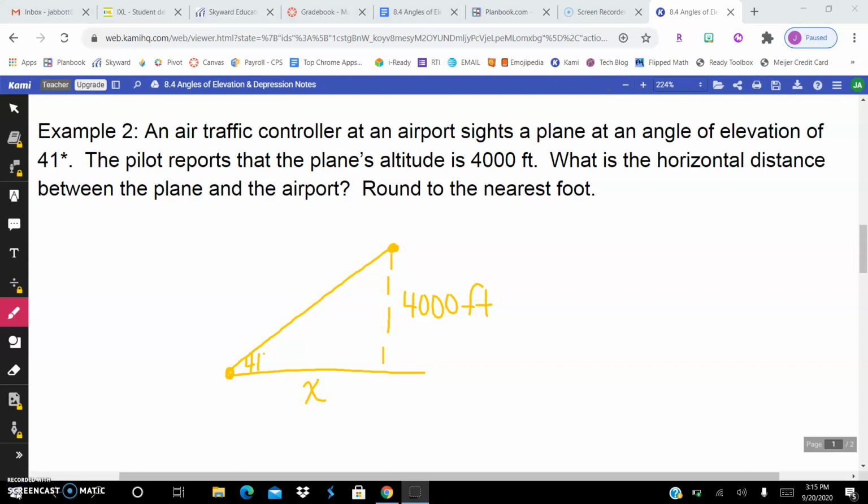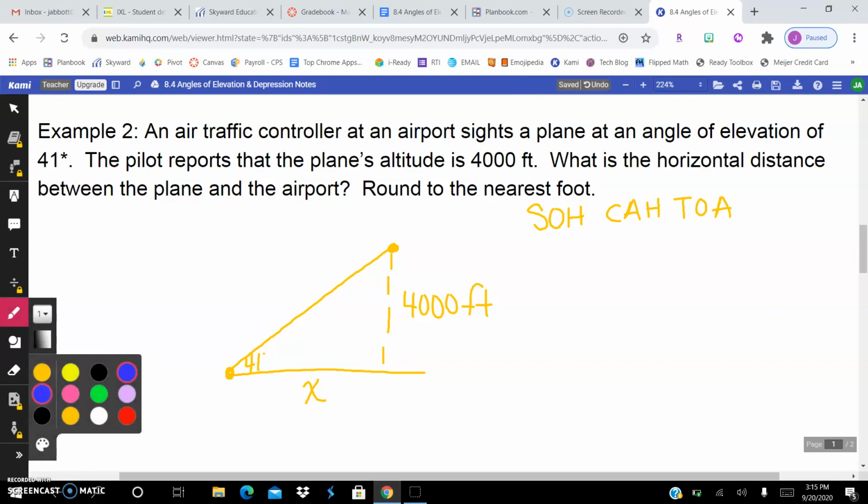So thinking back to our right triangle trig functions that we learned last week, we have SOH CAH TOA. And we know this angle right here. We know the opposite, and this would be called the adjacent.